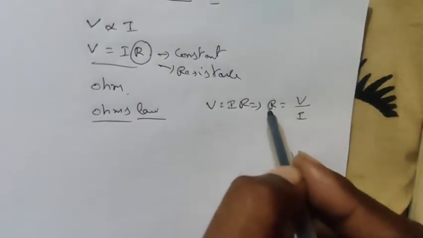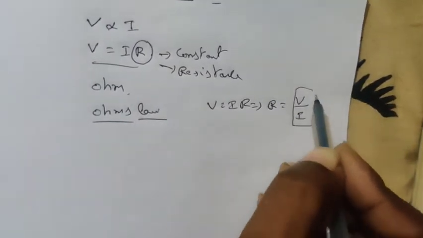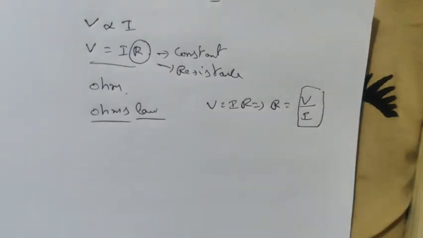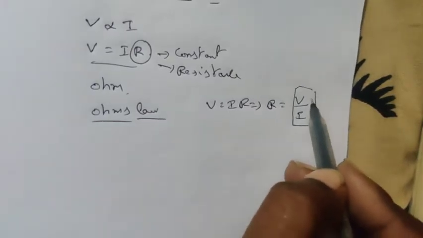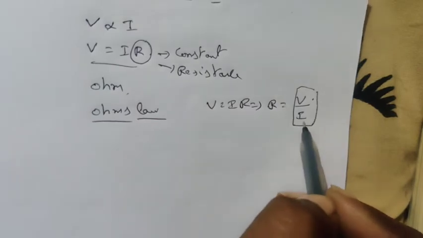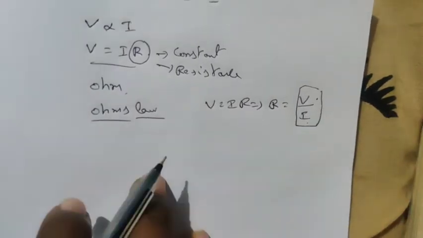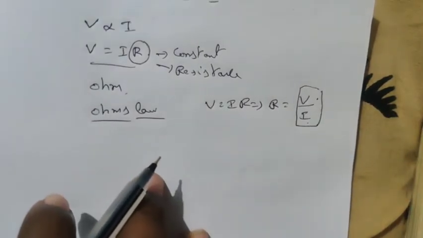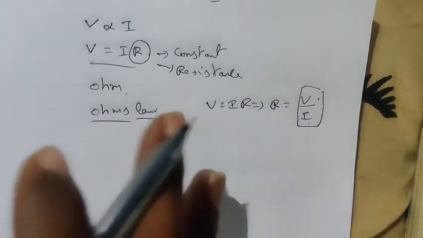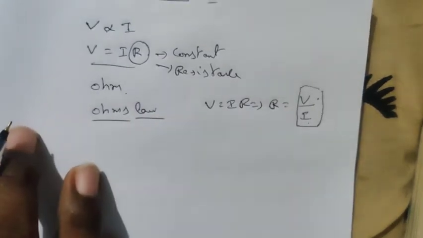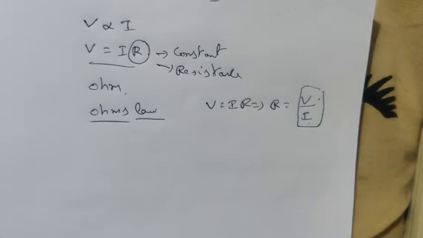So this R is a constant means this V by I ratio is always a constant. It does not increase or decrease for a given conductor at any value of V or I, but at constant temperature. And one more thing is, the conductor must follow Ohm's law.